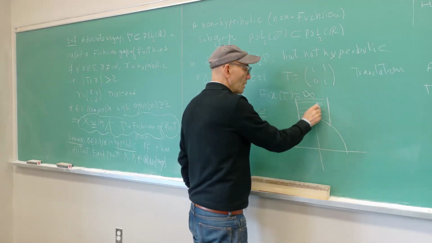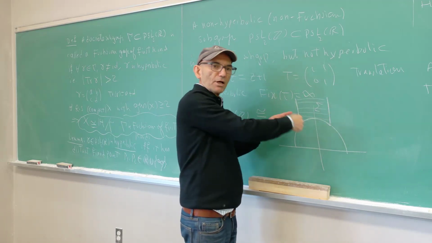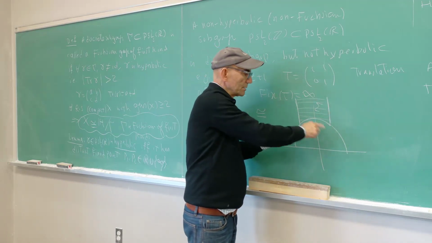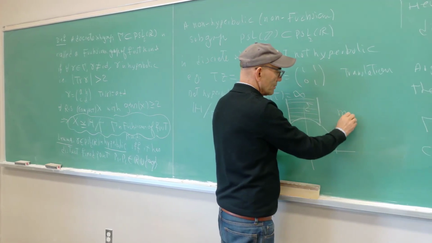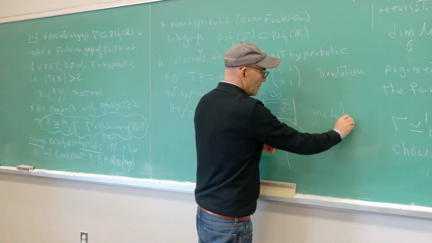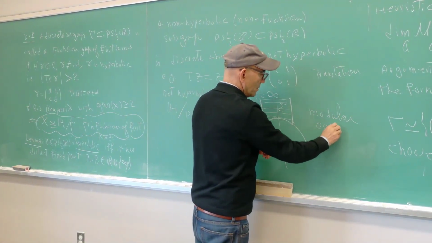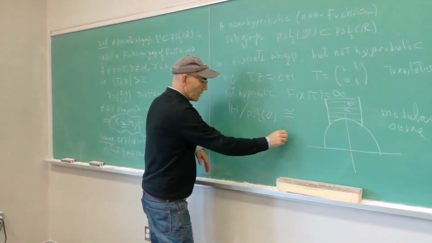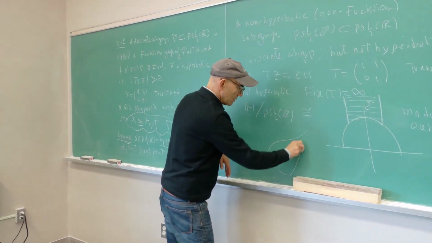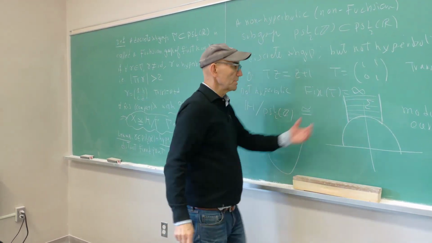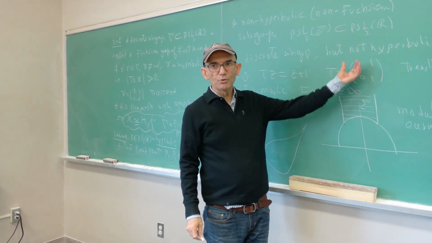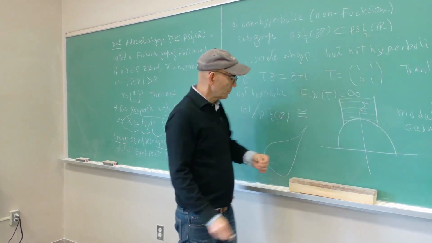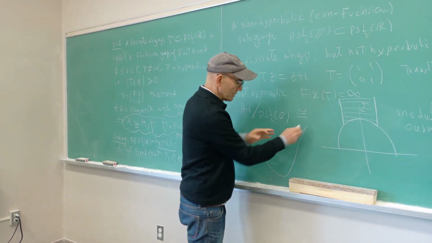This one, sigma. Of course, you have to identify this line with that line and that line. So this is called the modular curve. After you identify, it looks something like this. So there's a cusp point. These two points actually approach each other in the metric, and there's a cusp point at infinity, but it never closes.